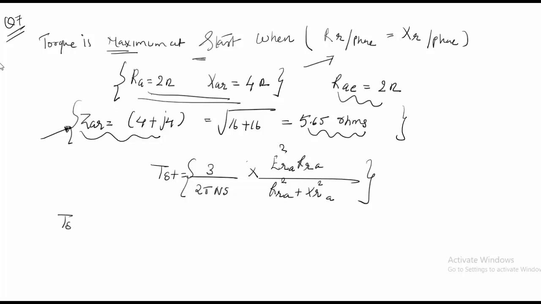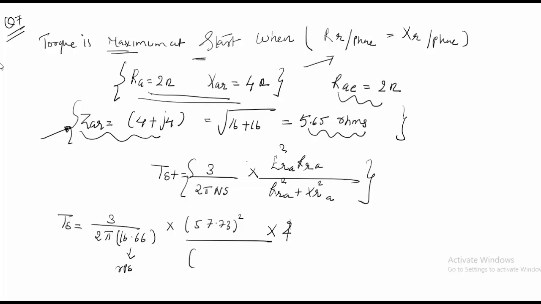So your TS will be equal to 3 divided by 2 pi, and your NS, which was equal to 16.66 if you are considering it in terms of rotation per second, this is in RPS, into your E2, which was equal to 57.73 whole square, into R2, which is now equal to 4, divided by 4 square plus 4 square.